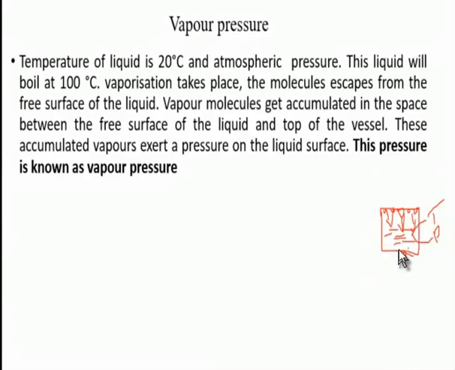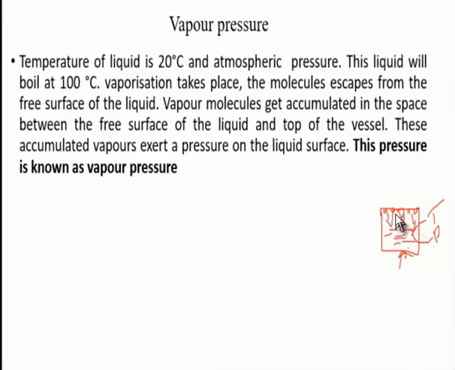That vapor will move in the upward direction and get accumulated in the space between the free surface of the liquid and the top of the vessel. This accumulated vapor exerts pressure on the liquid surface.